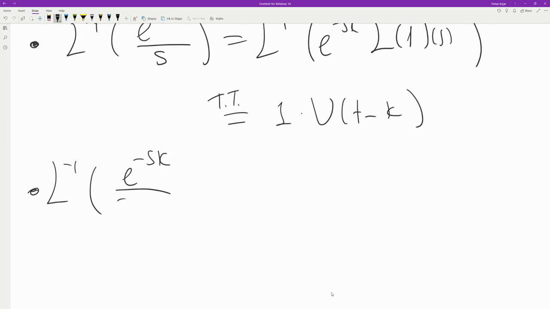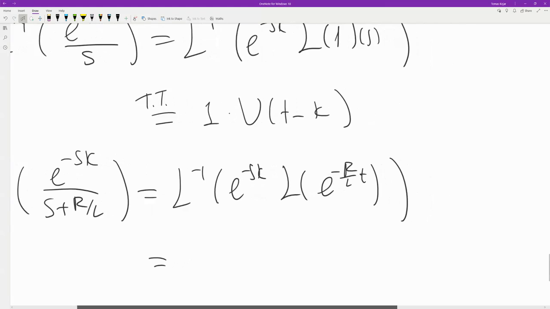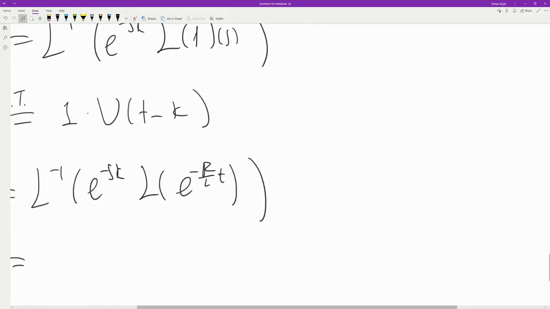So we have e to the minus sk over s plus R over L. This is e to the minus sk times the Laplace of the exponential. I guess I should say what translation theorem I'm using. Let me write it on the side as a reminder.